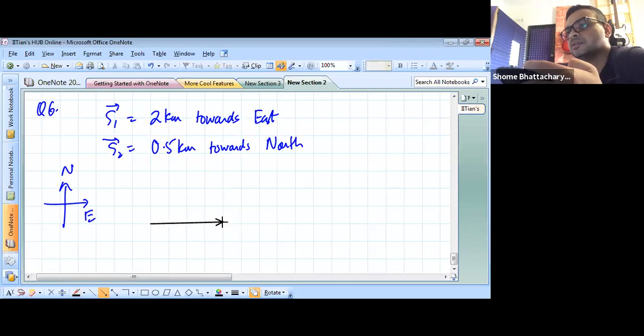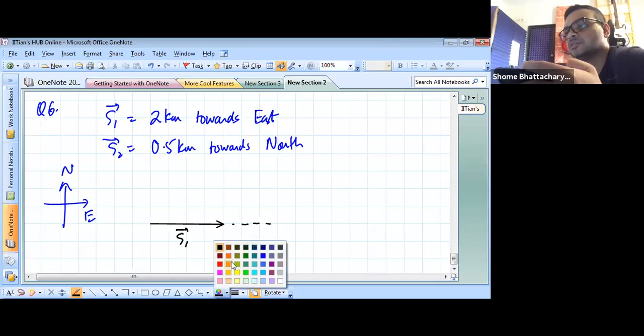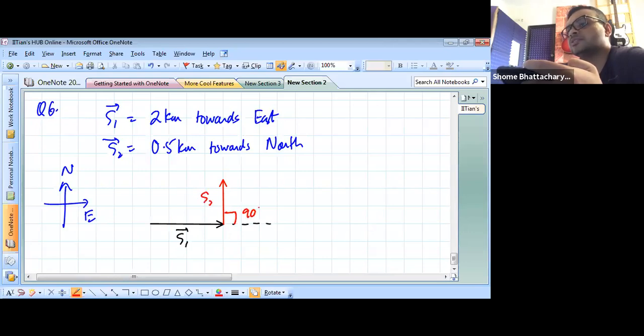Then from the direction of S1, the question is saying that you are making a turn towards the left of 90 degrees. So obviously you would have turned this way towards north. So that's where your S2 is. You're making a turn leftwards of 90 degrees, you can see your turn is like this, to make a displacement S2.